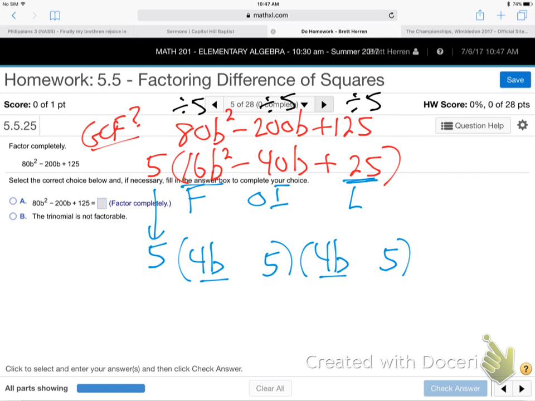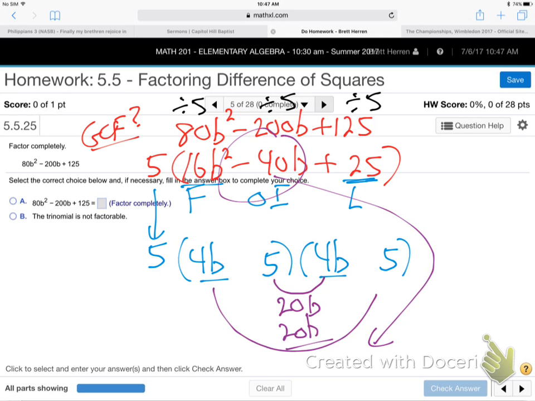So now we got to check the middle. You know how to check the middle, right? With the happy face arcs. So the 2 inside, 4 times 5 is 20. Again, 4 times 5 is 20. Can 20b and 20b make the middle term minus 40b? Yeah, both negative, huh? So both negative. There we go.